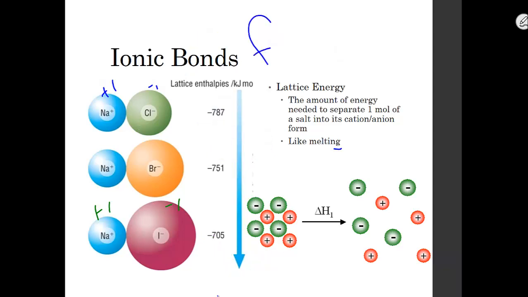You can also use Coulomb's law to explain why magnesium sulfide would have a greater lattice energy or a higher melting point than sodium chloride. Magnesium and sulfide are both in the same period as sodium and chloride. However, their distances, their radii, are approximately the same.